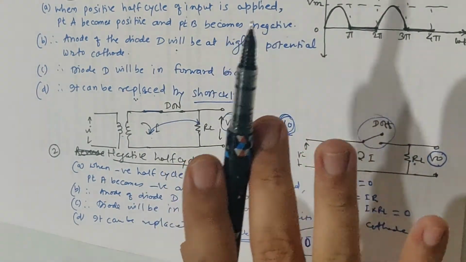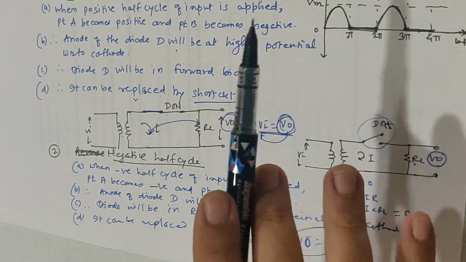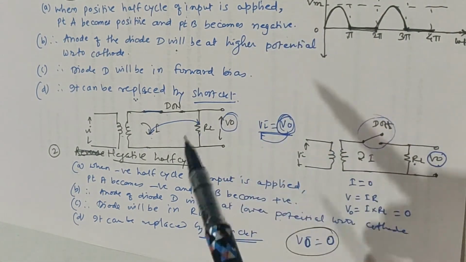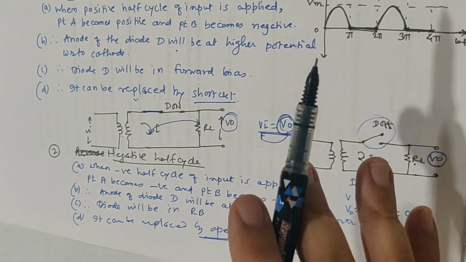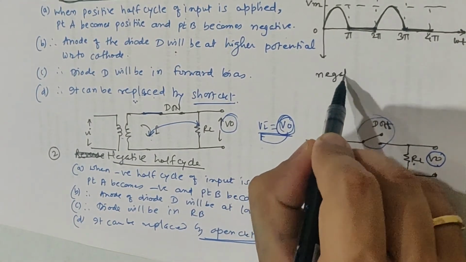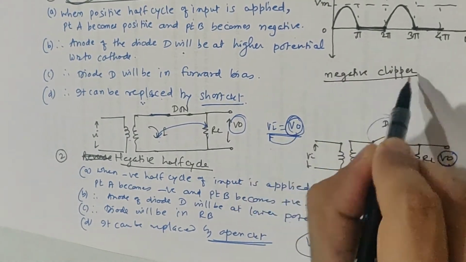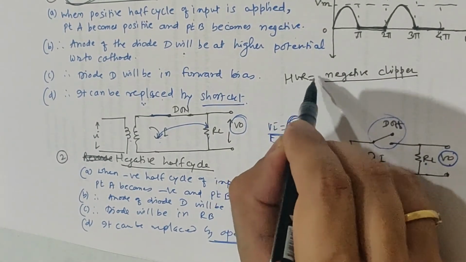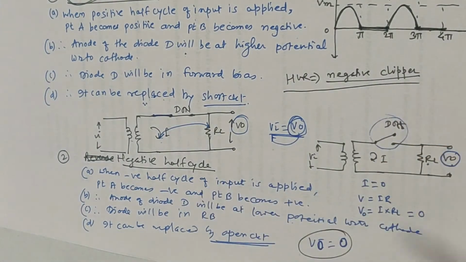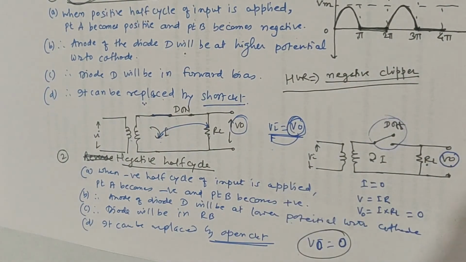The half wave rectifier will have only the positive half cycle as the output, and the negative half cycle is being clipped. So that's why it is also called a negative clipper, which clips the negative half cycle, and only the positive half cycle will be there.